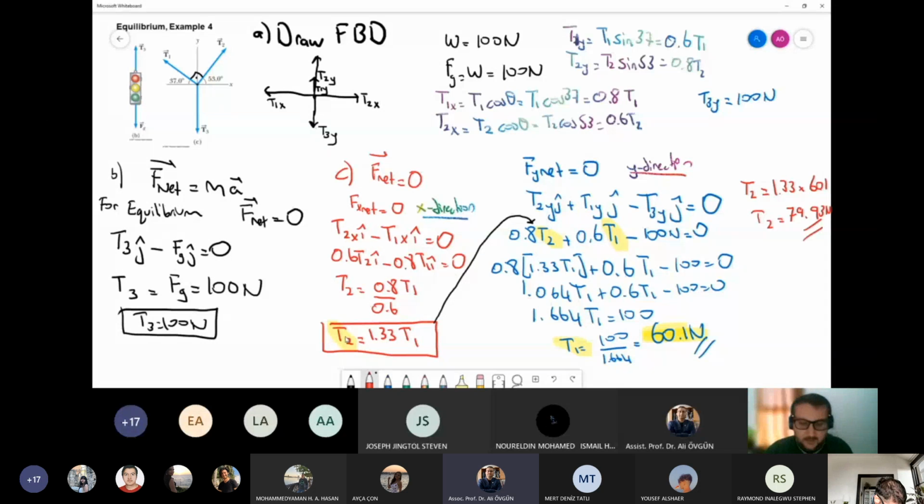So this will be T2. Yes, we solved the problem by first drawing the free body diagram. After that, we used Newton's first law and the equilibrium condition, which is that F net is equal to 0. Separate them into components and we solve it.